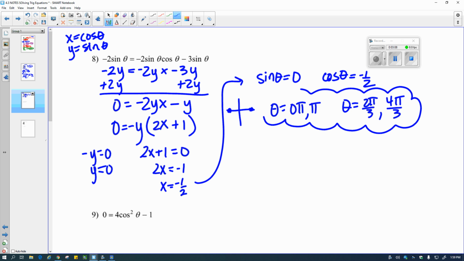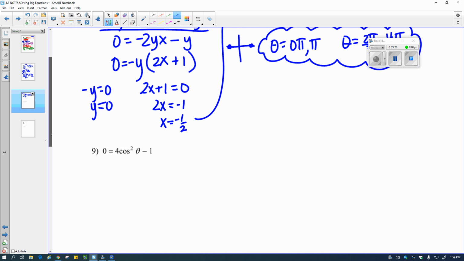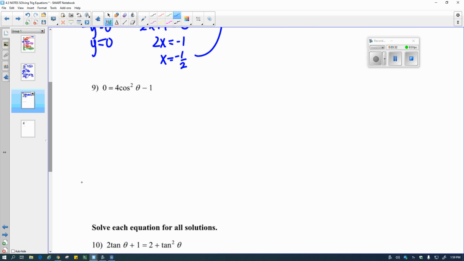Before we end today, we're going to go back to all solutions just to take a look again at what that is so we don't forget how that works. But I wanted to get us into the swing of things and point out a few things that are going to happen. The first thing, like you see that I have two trig functions in one equation: pull them out, call them different variables. In problem number 9, I have just cosine, but it looks weird.